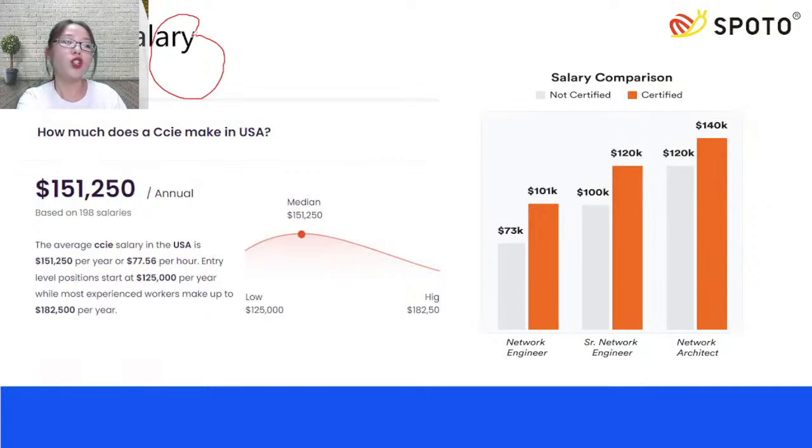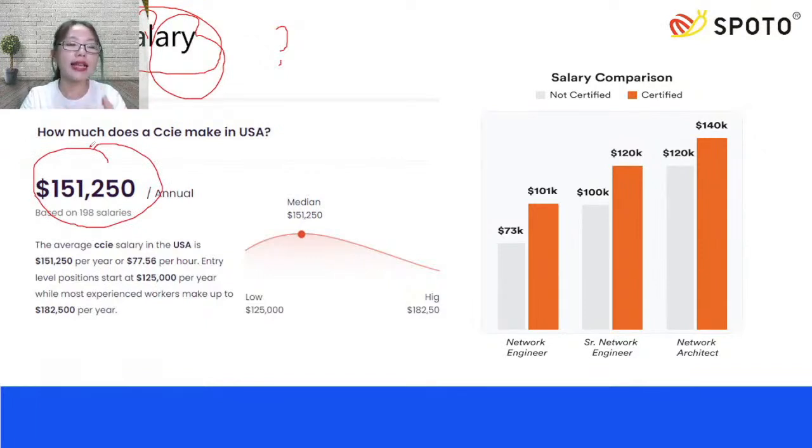However, do you know the CCIE theory? Let's see the CCIE salary in the USA in 2022. As an example, according to the data, the average CCIE salary in the USA is $151,250 per year, and you can see from the right chart the people who are certified and non-certified.